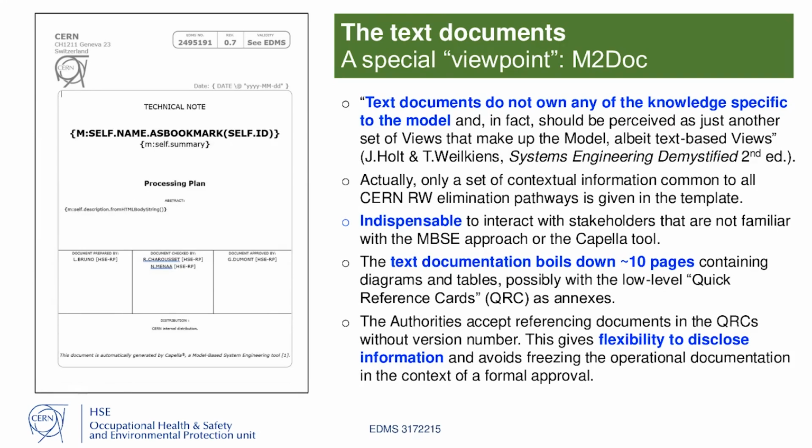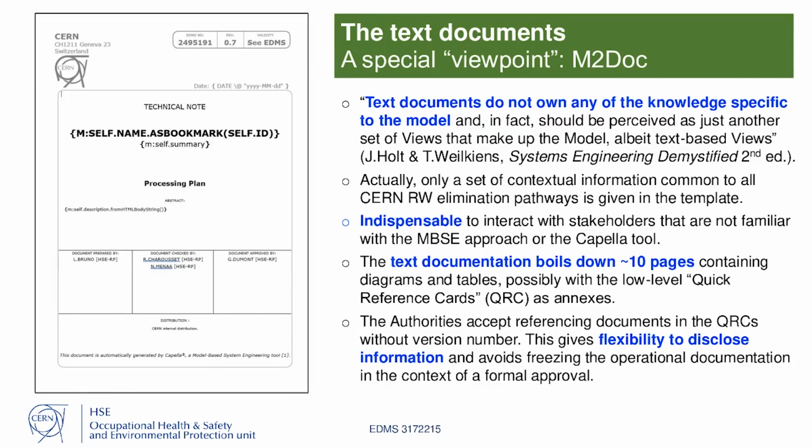As a comment, this operational documentation can be added as an annex without a version number. What it means is, once you have a process approved by the authorities, then it is frozen, which means that you cannot change a comma unless you go through a sometimes heavy reviewing process.